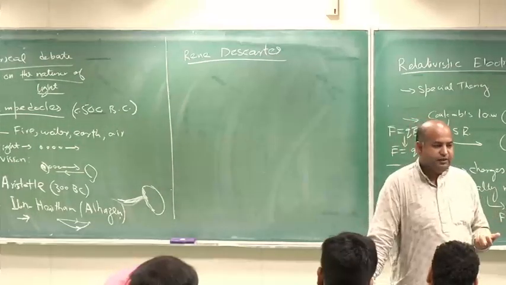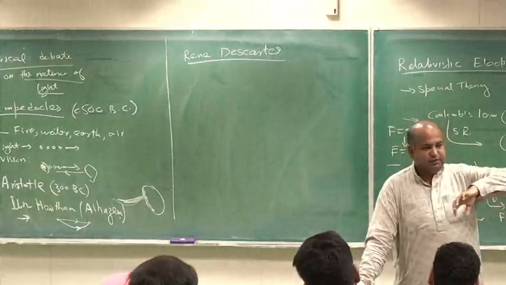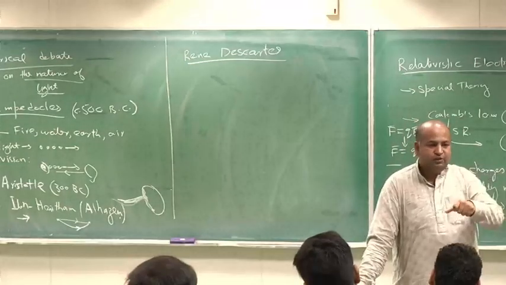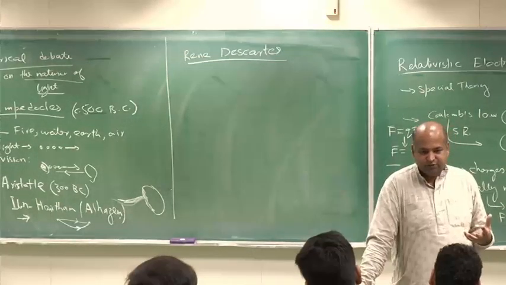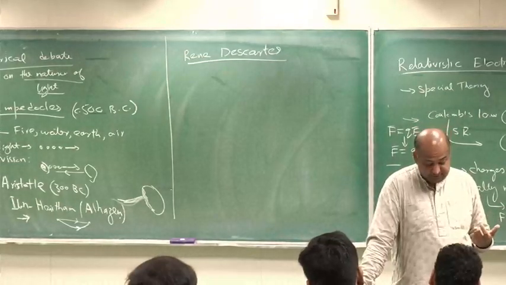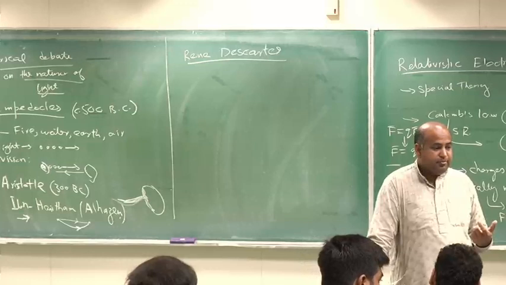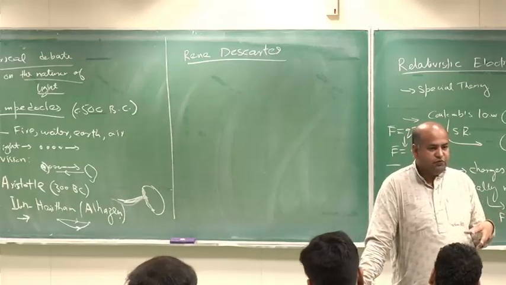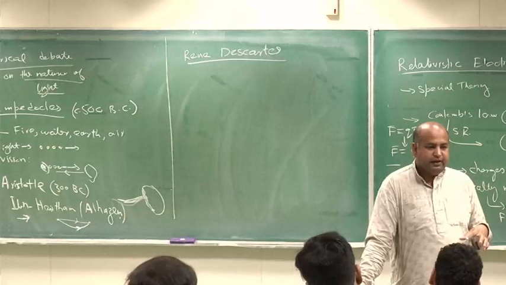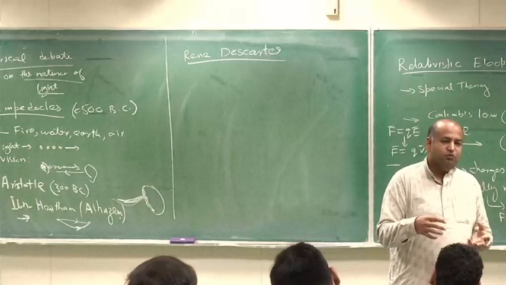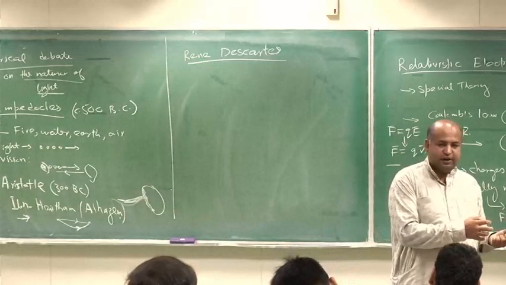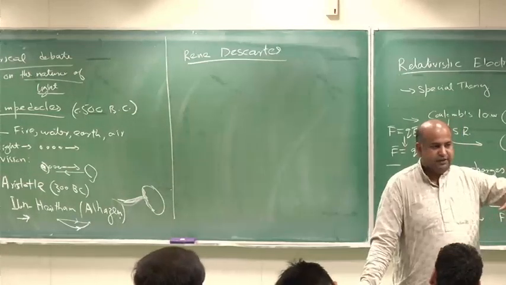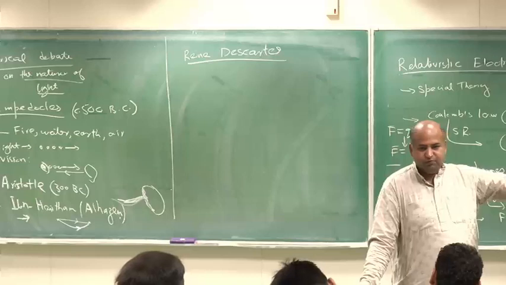Or later, people tried to say that the planets move around the Sun, but still, who moves them? There is some extraterrestrial force that does that. So everybody would try to explain natural phenomena as coming from some fundamental entity that we can't explain, that it is coming from God.